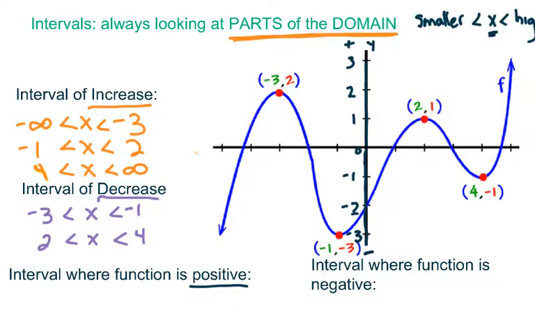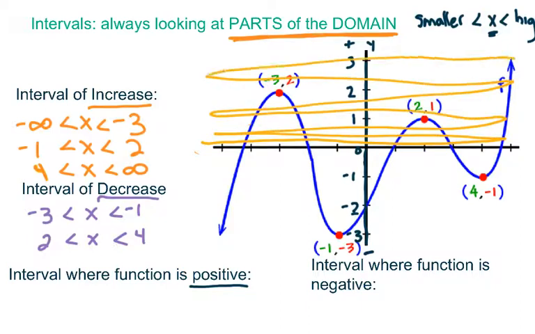So when I ask the interval where the function is positive, I am looking for everywhere the graph is above the x-axis, because above the x-axis, all the y's are positive. Now, if you notice, we have a couple places where that's happening. From here to here, my function is positive. From here to here, my function is positive. And from here on for infinity, my function is positive.